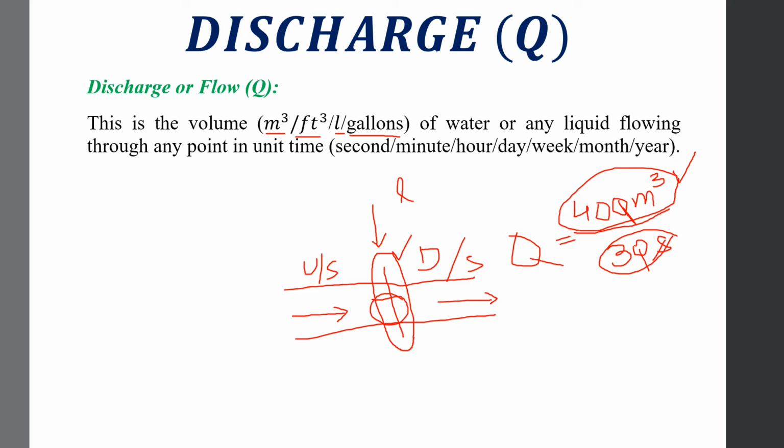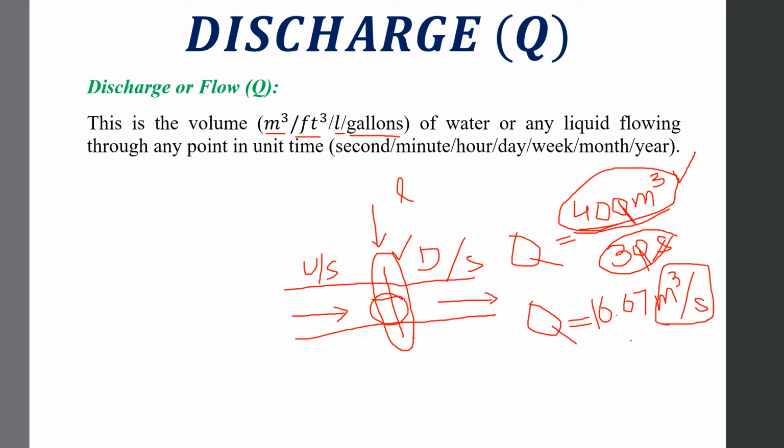This zero is cancelled with this zero, and when we divide 40 by 3, it will be 16.67 meter cube per second. So this is our discharge unit.